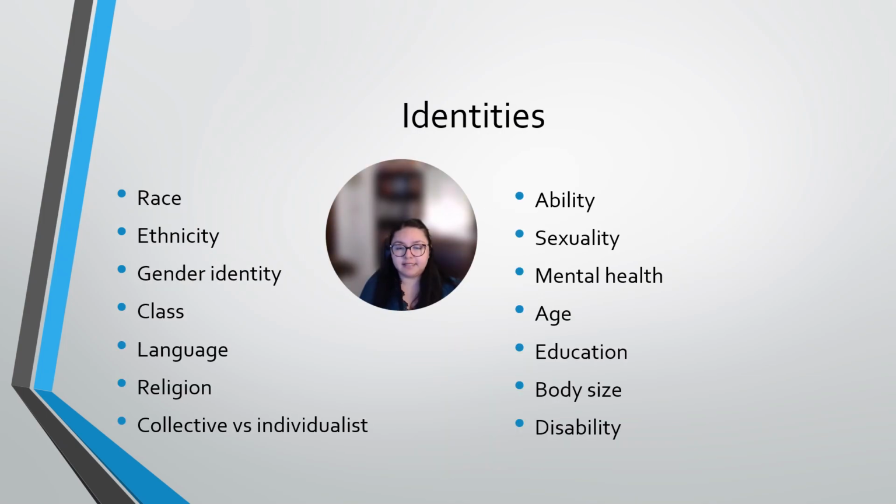Here I have a list of identities to consider when thinking about different intersections of culture and identities. This is just part of the list. This is not everything. But consider how depression may be showing up or supported within these different identities, including the different stress factors that may be involved.